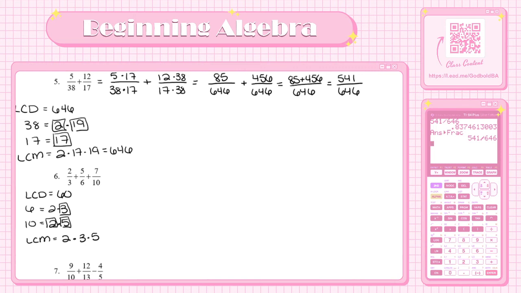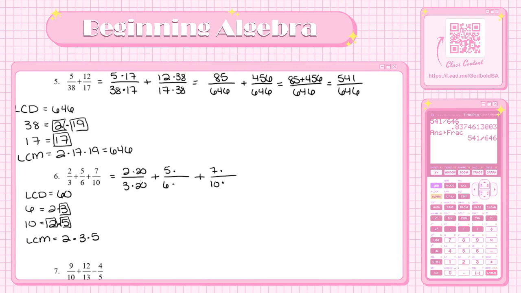So I need to rewrite each of these fractions so that they have a denominator of 60. So I'm going to multiply 2/3 times something. And I'm going to multiply 5/6 times something. And I'm going to multiply 7/10 by something. So to get to 60, I need to multiply this one by 20 over 20.